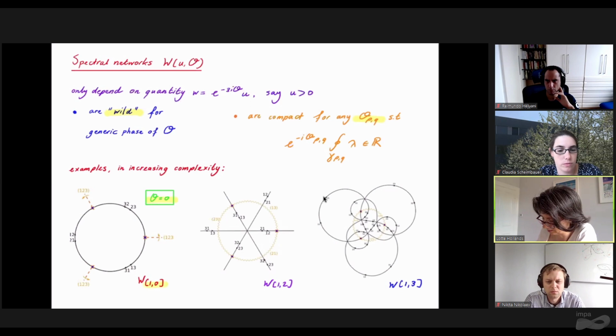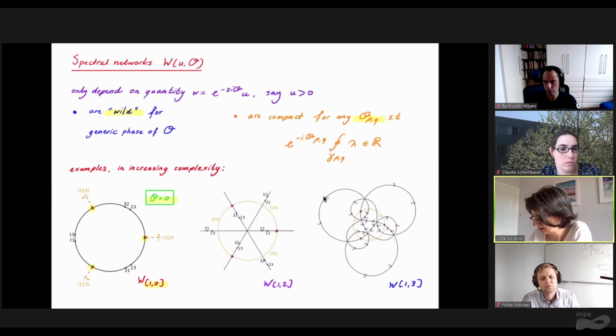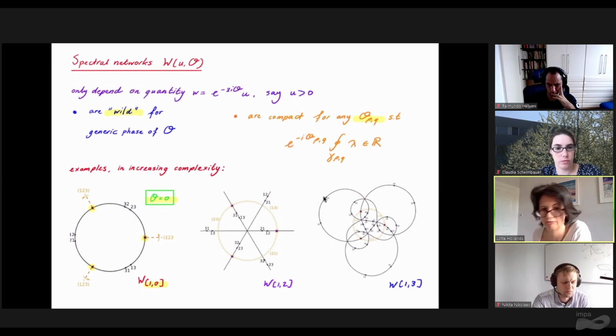In this case, it turns out that the spectral cover is not ramified, so the branch points overlap the punctures. There are double trajectories, which are now labeled by either 1, 2, 2, 3, or 3, 2. And if you increase the values of these integers, then you will get more and more complex networks.